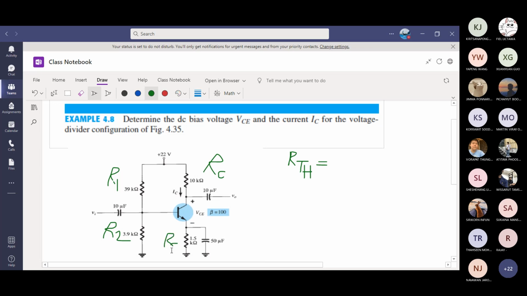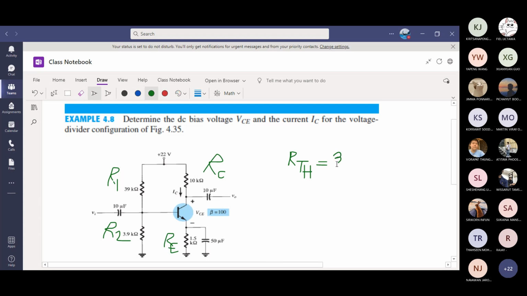Capacitor, don't worry about it, we can forget it now. What is RTH? 39 kilo ohm parallel with 3.9 kilo ohm gives 3.545. Let's call it 3.55 kilo ohm.